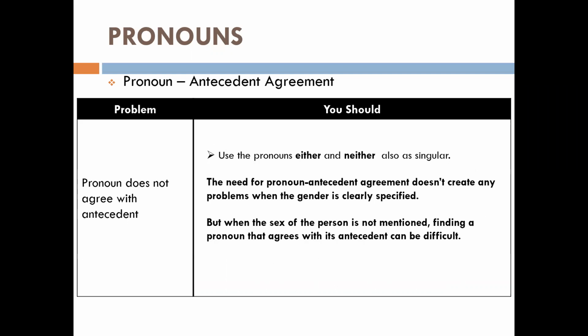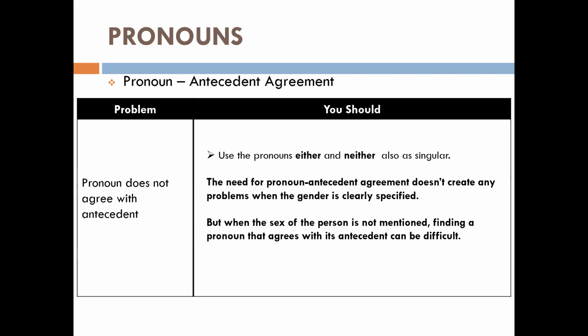Use the pronouns either, neither. They are also singular. The need for pronoun antecedent agreement doesn't create any problems. Again, when the gender is clearly specified, Joe Biden, we know that Joe Biden is a male person. But when the sex of the person is not mentioned, finding a pronoun that agrees with its antecedent can be difficult. Tulad ng the teacher, the nurse, the pilot.